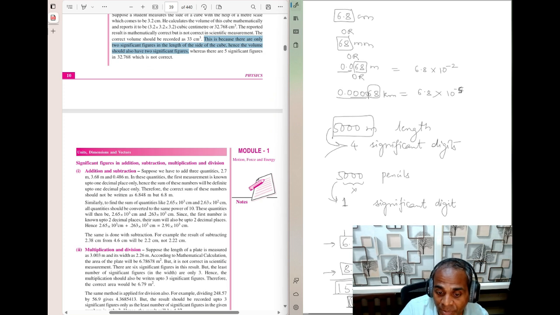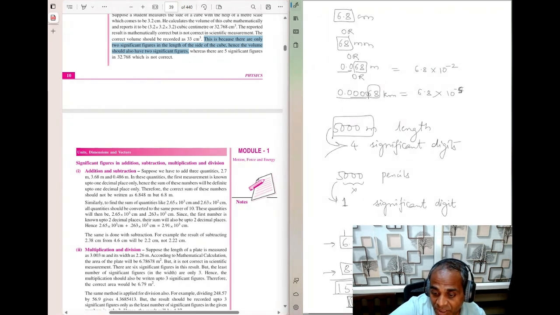Instead of 6.8 plus 8.4, both of which have two significant digits, let us add 6.8 with 0.452. Now 0.452 has three significant digits. 6.8 has two significant digits. When we add them, it will be 7.252 as the answer.